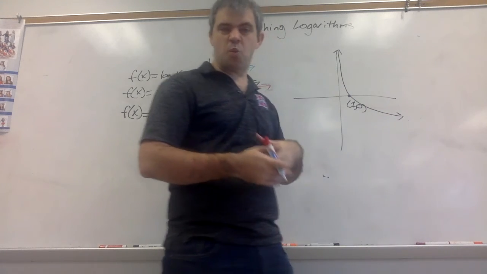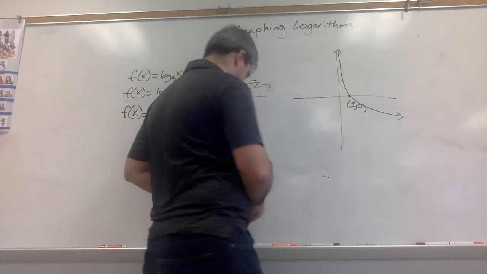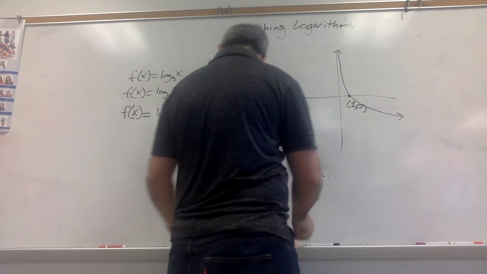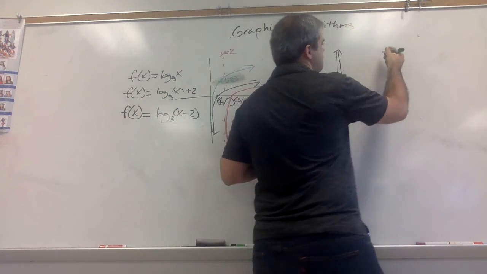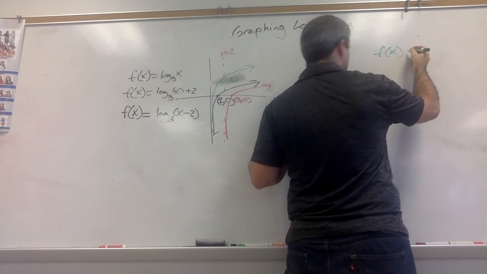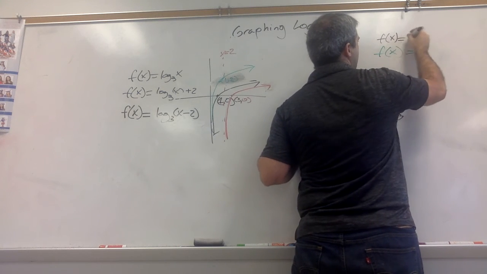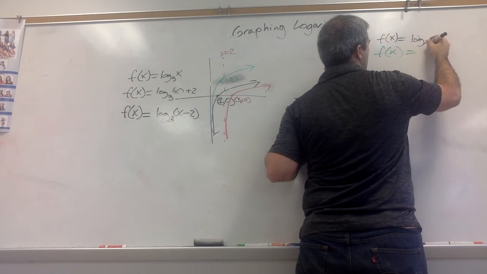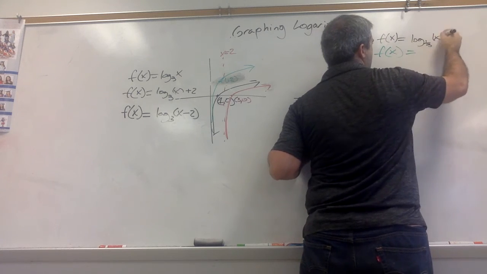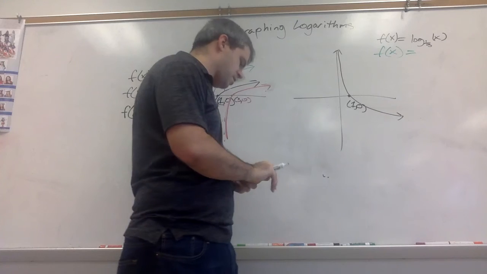Let's take a look at a decay one real quick, just to make sure that we've got this solid. Sure, I'll use green. So graphed here is f of x equals log base 1/3 of x. Okay, so we're going to invert some exponential decay here.